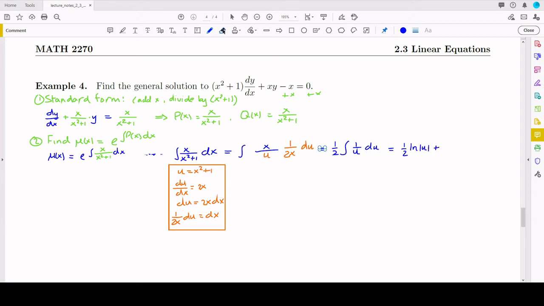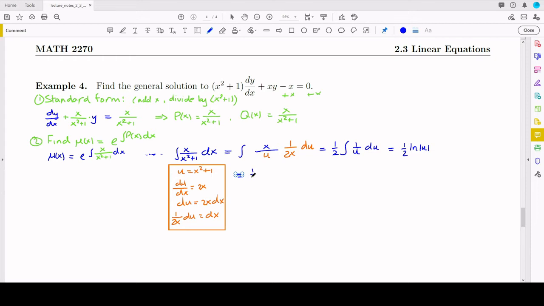But for the integrating factor, we don't worry about a constant of integration. Okay, so now we plug in what we know that u is.